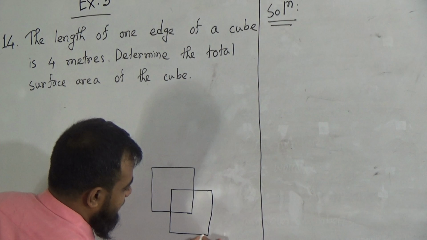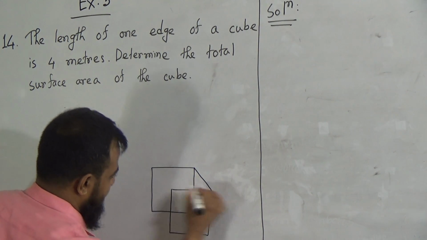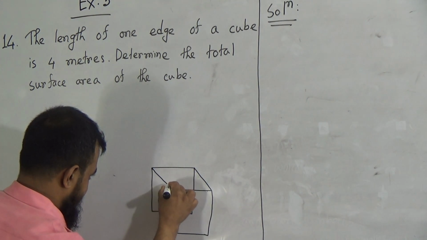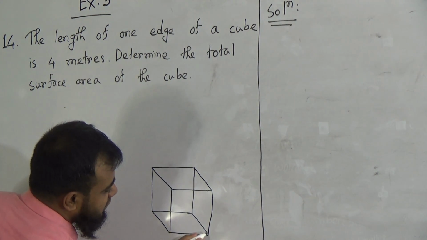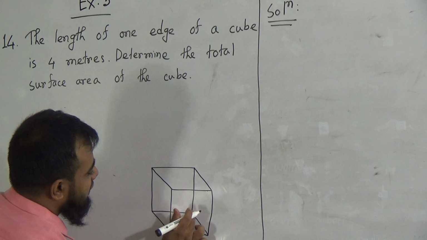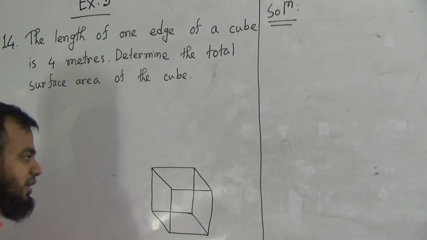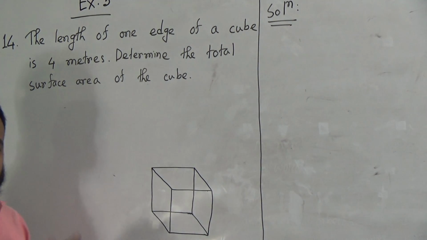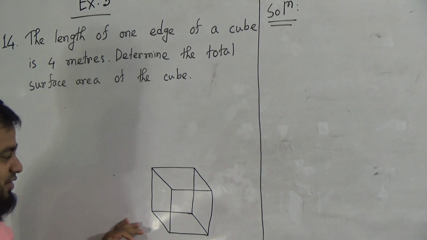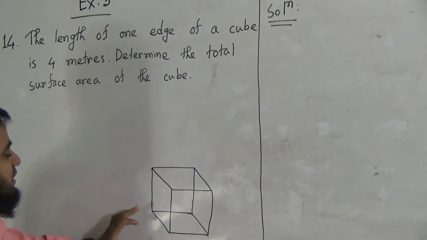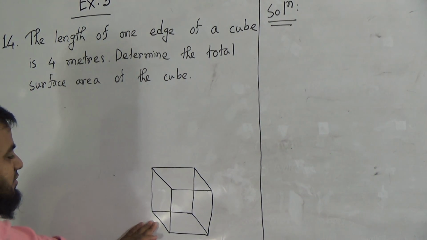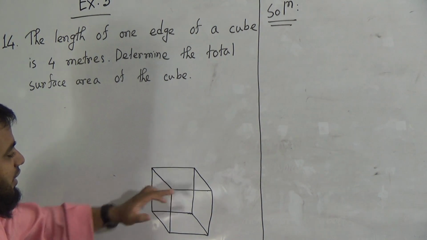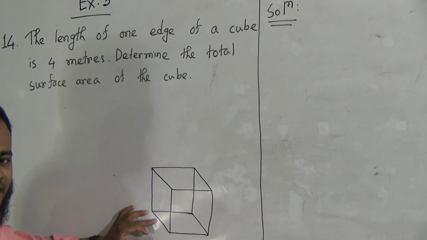And we know that every surface of a cube is a square, and all the areas are equal to each other. The cube has 6 squares, that means 6 surfaces. I repeat again, my dear students, every cube has 6 surfaces, and the 6 surfaces have square areas, and all the squares' areas are equal to each other.